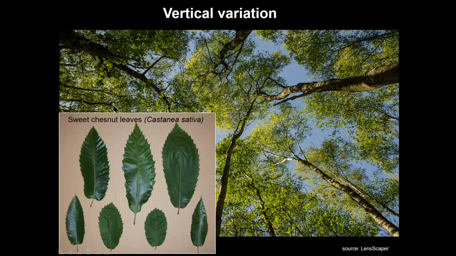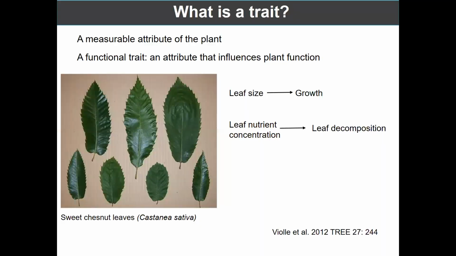So for example, this picture shows how the same species can have different leaf sizes across the vertical gradient, as you can see here. And these different leaf sizes are going to affect the rates of carbon capture in different individual plants. But this variation is rarely incorporated in models to predict how the global carbon cycle is going to change into the future.